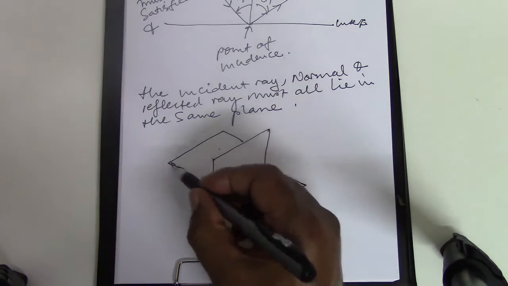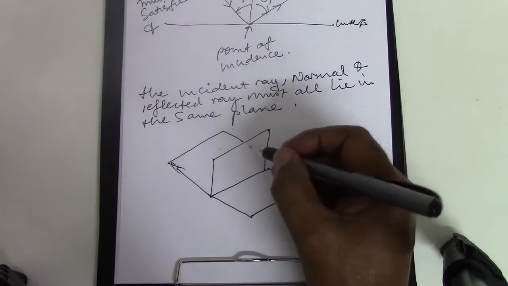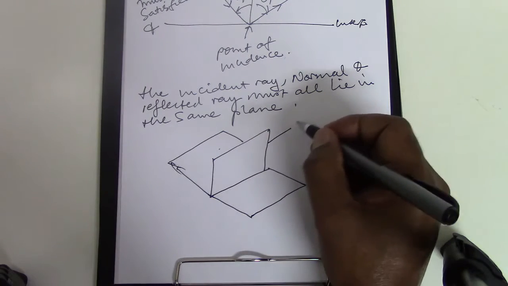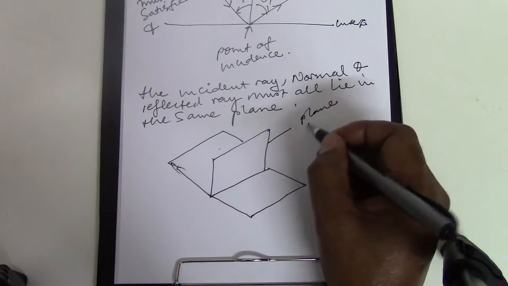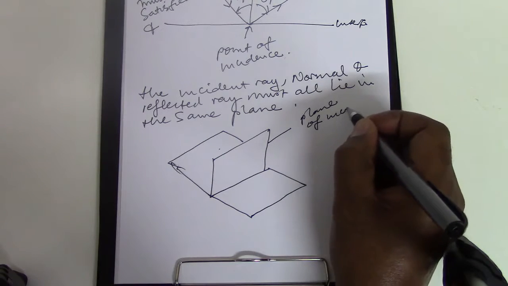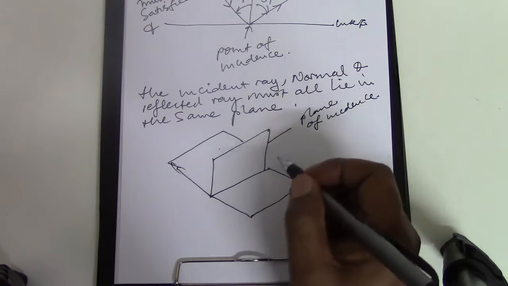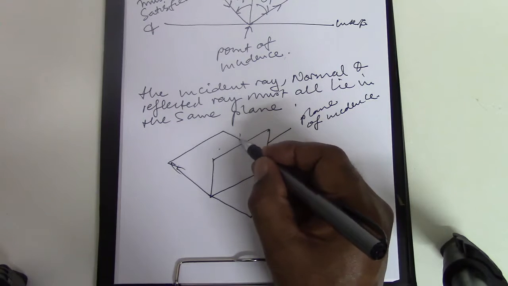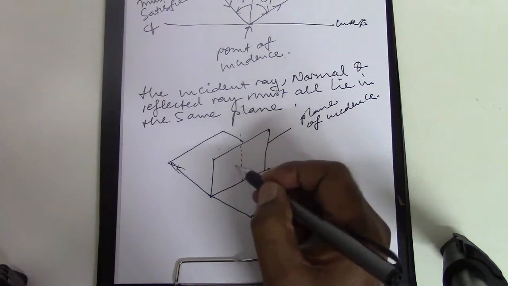This is the plane of incidence. Here is where we can put our normal.